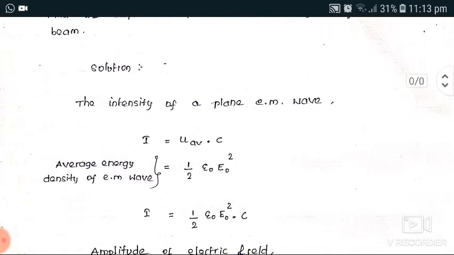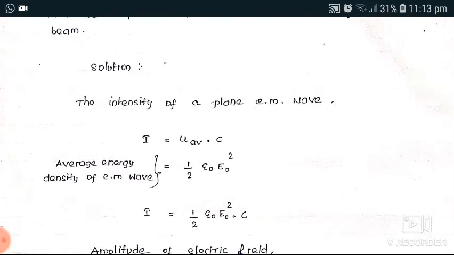I is the intensity, equal to U_av, the average energy density of the plane electromagnetic wave, into c, where c is the speed of light.